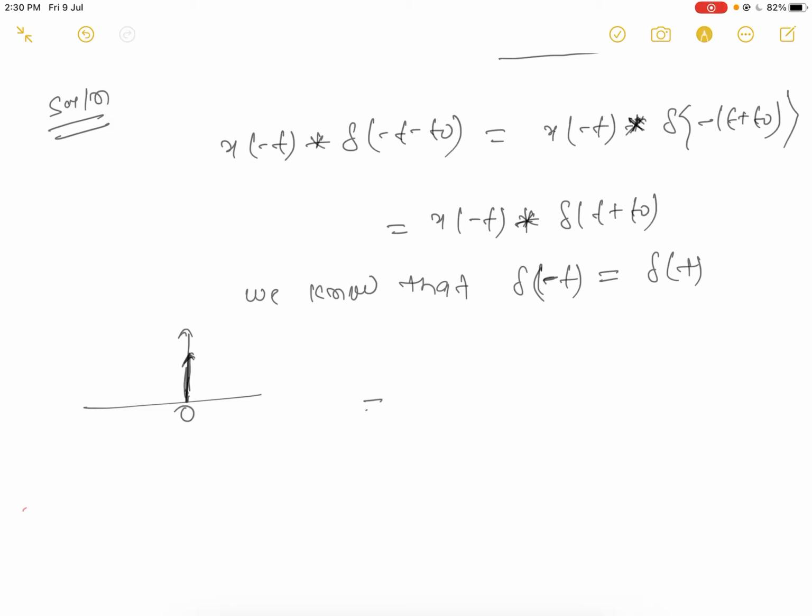So here, when we take the convolution and apply the formula, it is the integral from minus infinity to infinity of delta(tau plus t0) and x(t minus tau) d tau.